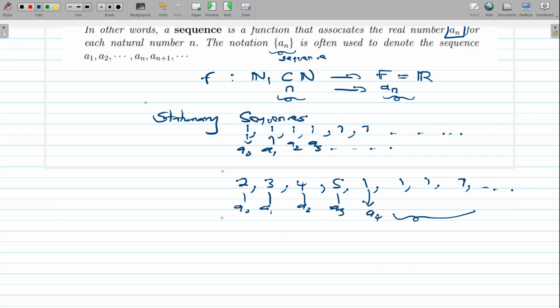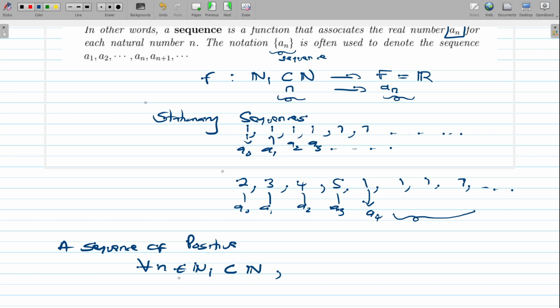We also have sequences that are going to be sequences of positive numbers, sequences of real numbers that have positive numbers. So let's define a sequence of positive numbers.